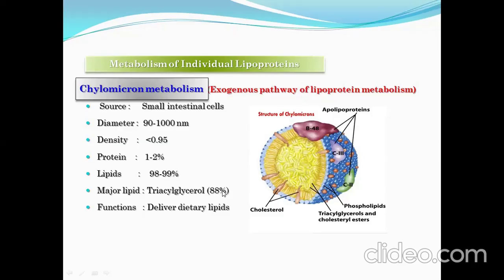You'll get questions asking which is the major lipid found in chylomicron. So that is triglycerides, neutral fat. And the major function of chylomicron is to deliver dietary lipids. So this is all about the chylomicron.